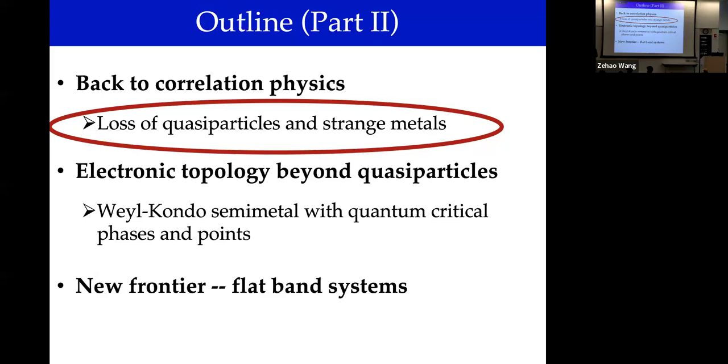These are new platforms that could consider both the Fermi liquid form of Weyl Kondo semimetal and the form of Weyl semimetals and other topological semimetals without quasi-particles, and it could, in principle, operate at higher temperatures compared to the kind of heavy fermion systems, for example, that we consider, which operates at a few Kelvin scale.